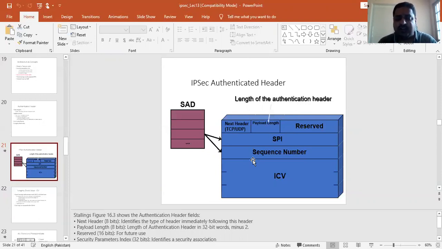That would be identified by the integrity check value. So that will add some value to the packet.